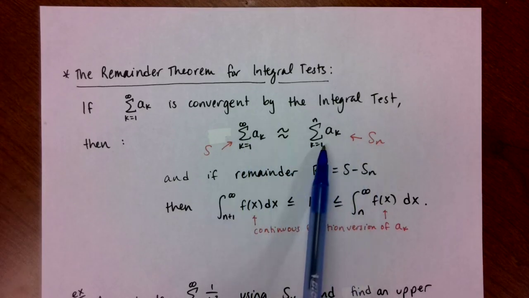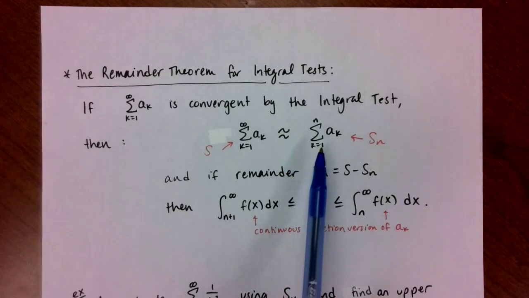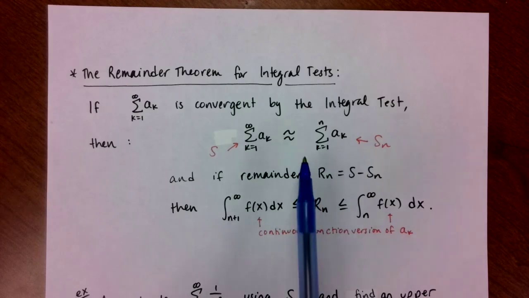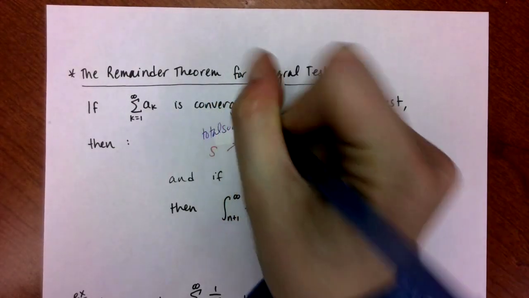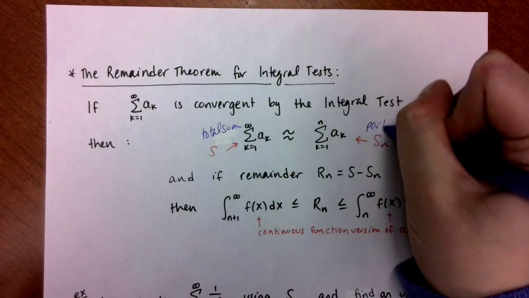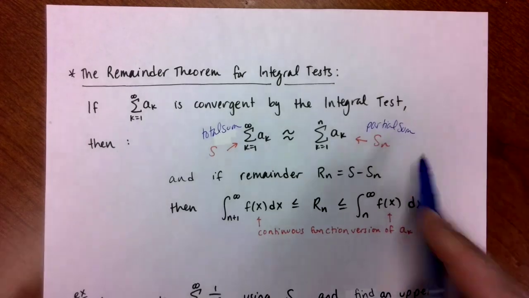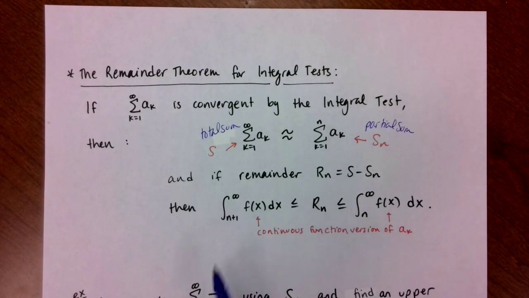So whatever n is here, you're adding up the first n terms and saying, oh, the sum of infinitely many of them is roughly this total, right? So the total sum that we're calling capital S is approximated by a partial sum, which we'll call S sub n, where n is the last term that you actually added in.